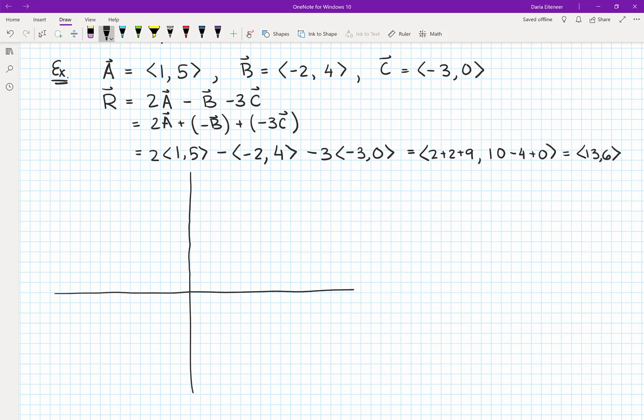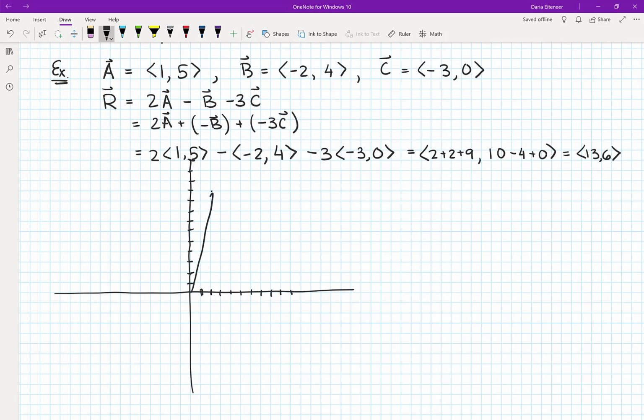Much easier to do with a ruler, of course. Okay, so I'm going to start with my vector 2a. So a was 1, 5, so for 2a, I'm going to go 2 units to the right and 10 units up.